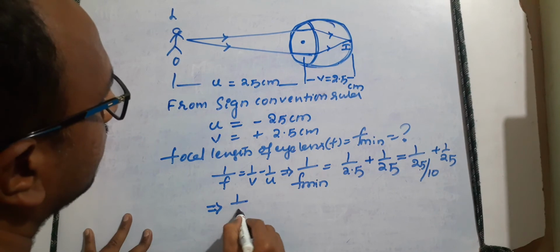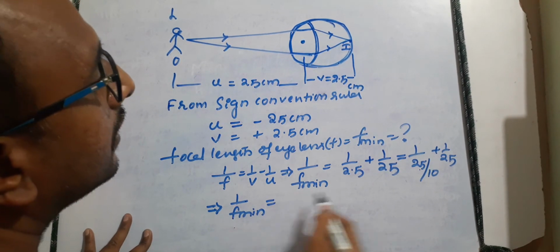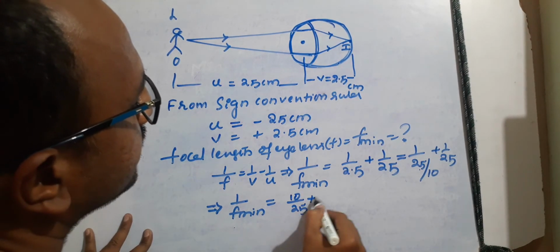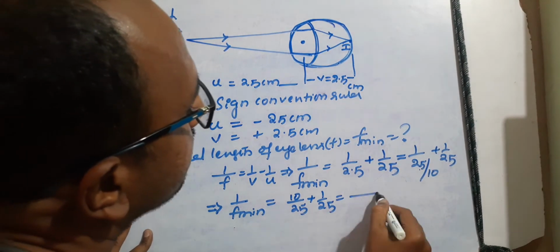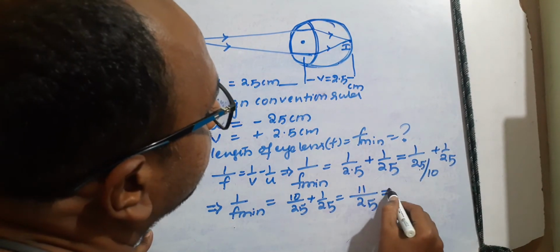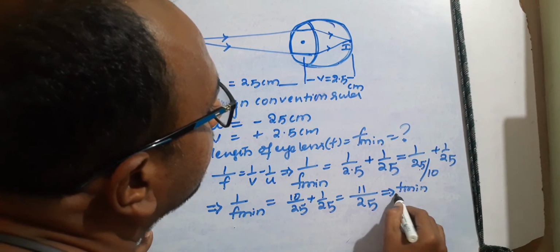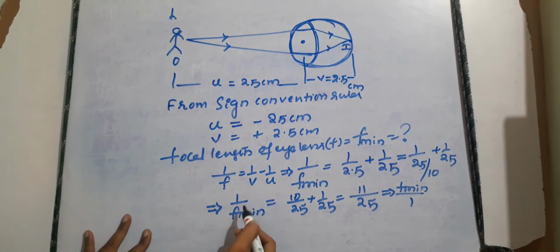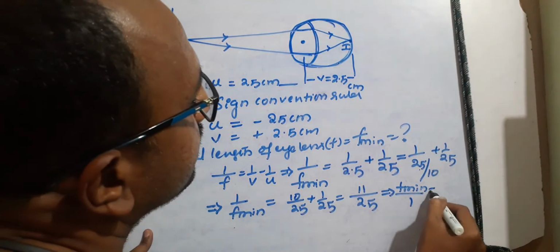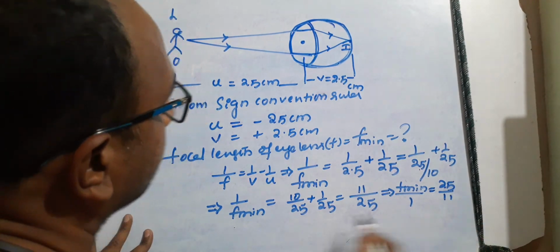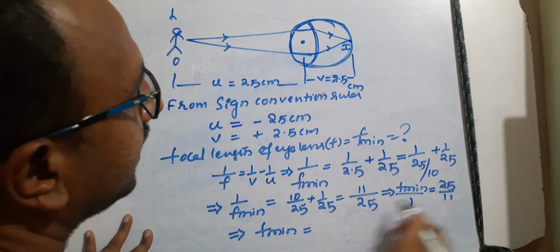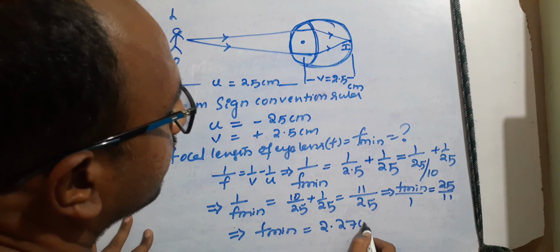So 1 by f minimum equals 10 by 25 plus 1 by 25. LCM is 25, so 10 plus 1 is 11. We are reversing denominator and numerator because we want to calculate f minimum. So f minimum by 1 equals 25 by 11. This implies the minimum focal length of the eye lens, on dividing, is 2.27 centimeter.